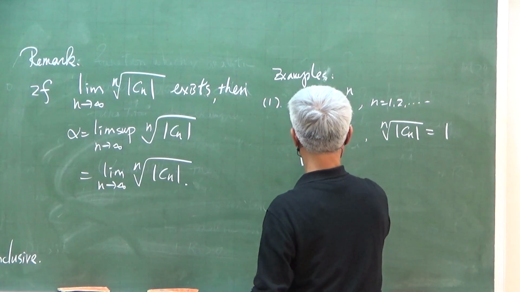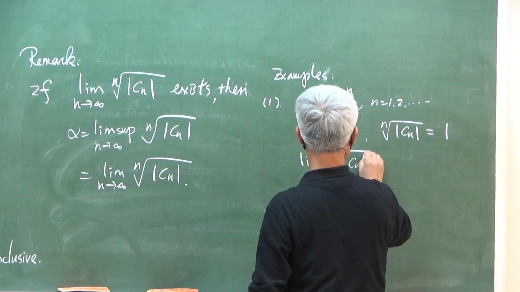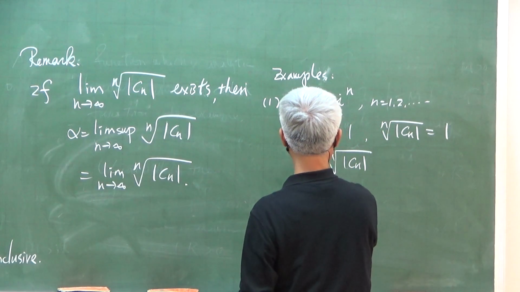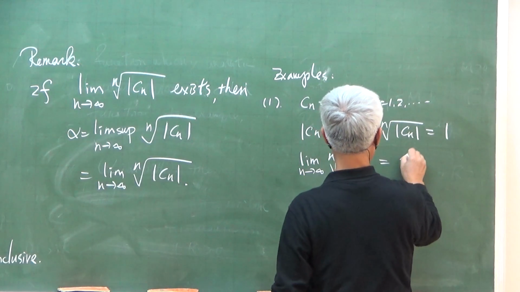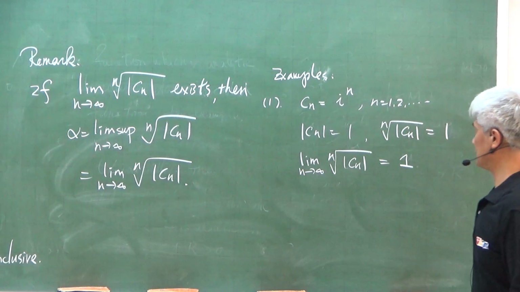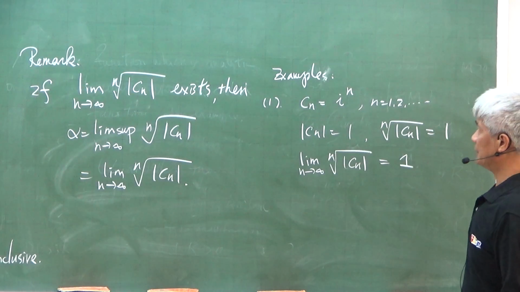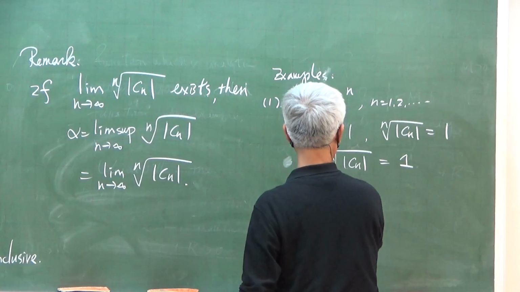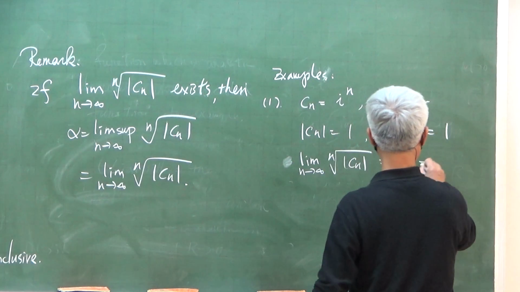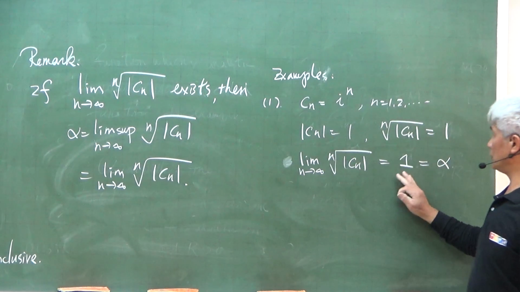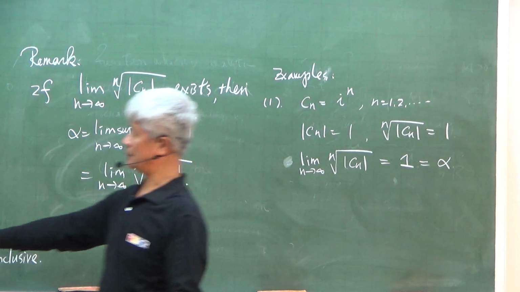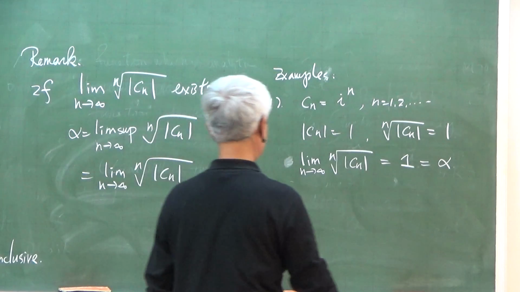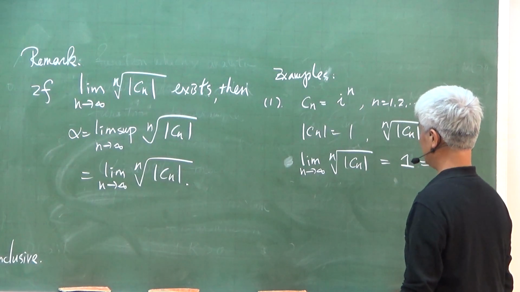So you have a limit, and this is equal to 1. So alpha is equal to 1, and now the test is inconclusive. It cannot tell you anything, even though you know that is the case.